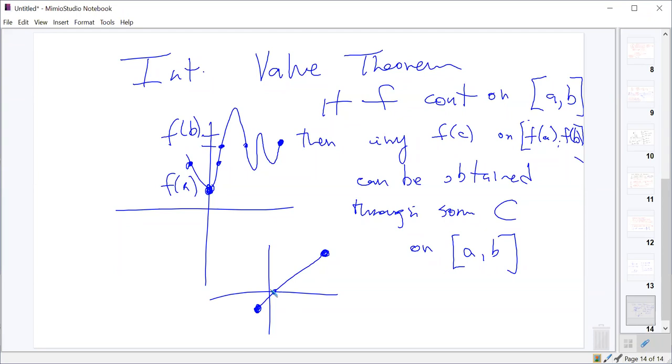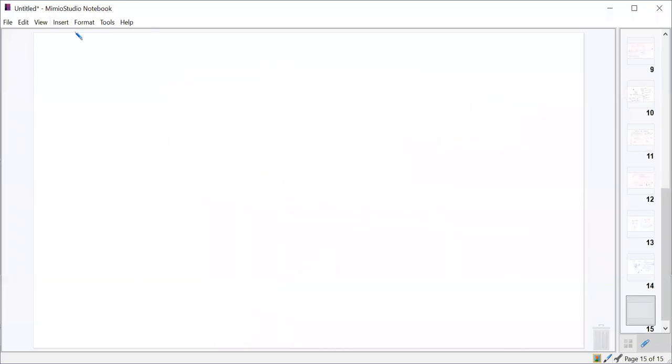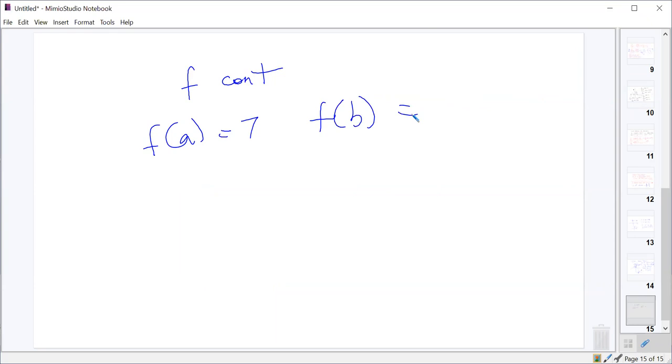And sometimes they will throw this into a multiple choice question that just looks kind of annoying. It's a whole bunch of reading that you'll have to do. And then it'll say f is continuous, and it'll give values, and usually they use numbers instead of f of A. So like f of 1 is equal to 1, and f of 4 is equal to 16.